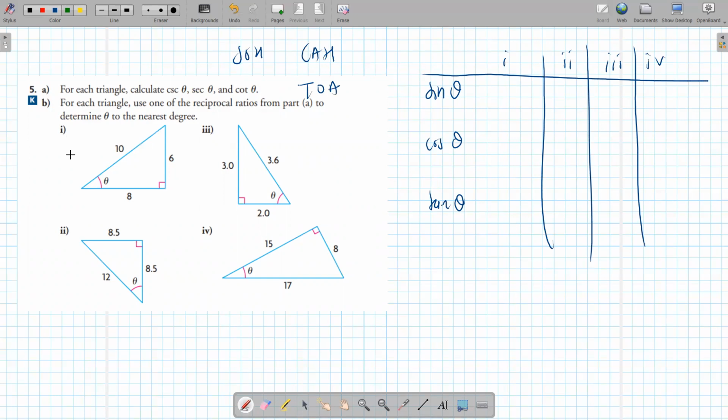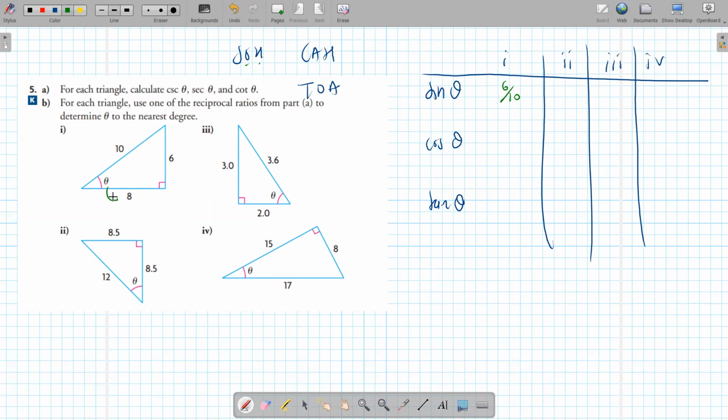I'm going to do the first one. I'm going to do I. So again, theta is here. That means 6 is the opposite, right? Facing the theta, 6 is the opposite side. So sine of theta would be opposite over the hypotenuse, so it's going to be 6 over 10. Cosine is the adjacent. Adjacent is the side that's not the opposite.